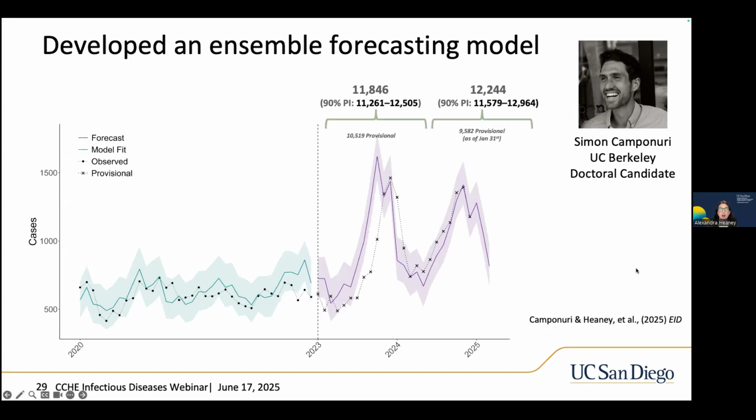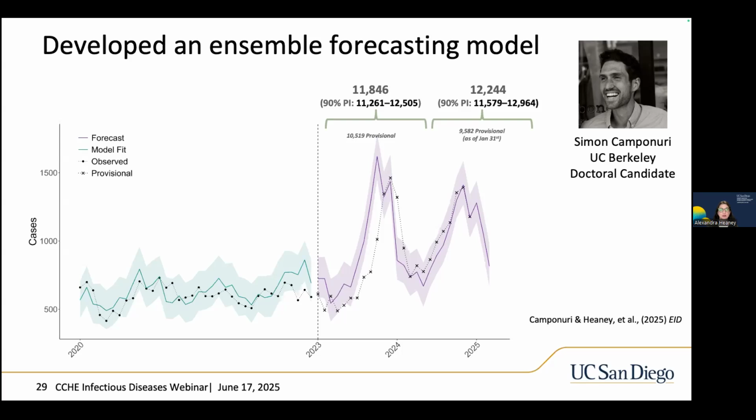So comparing our forecast to what we observed, we see that the forecast actually really closely matched the spikes in 2023 and 2024 cases. The forecast cases did start to increase a little bit before we see an increase in the provisional case counts, but the magnitude of the increase was very similar to what we observed.